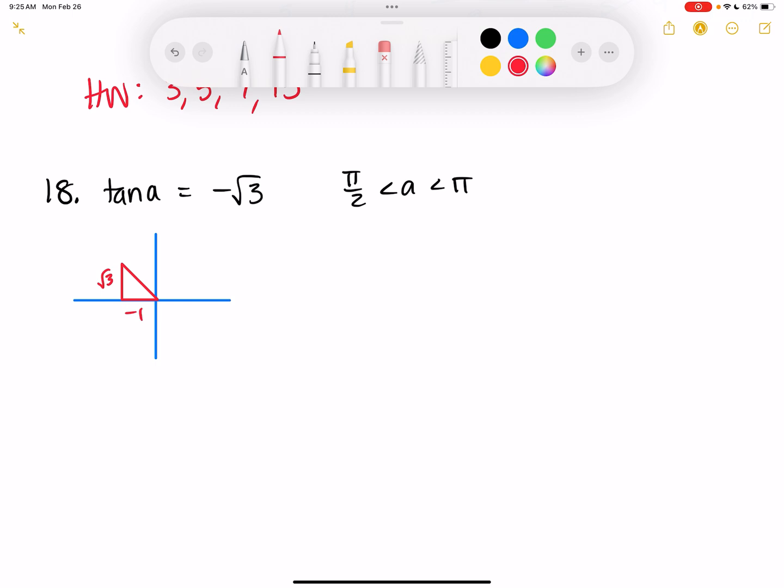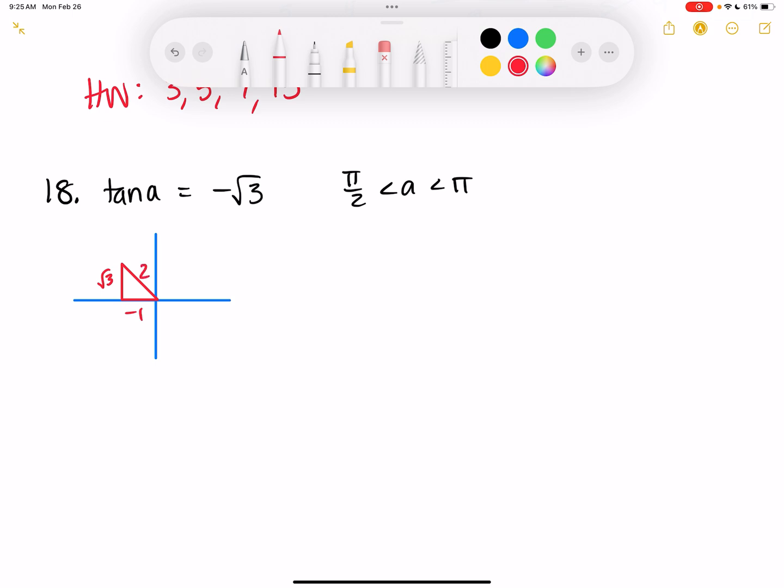So what is the other side? It's a special triangle. Yep, it's a 30, 60, 90 triangle, so it's 1, 2, root 3.